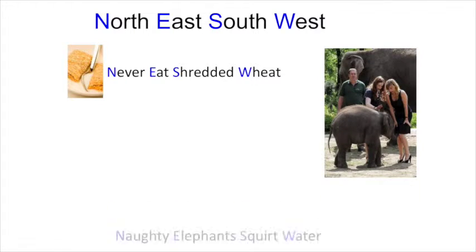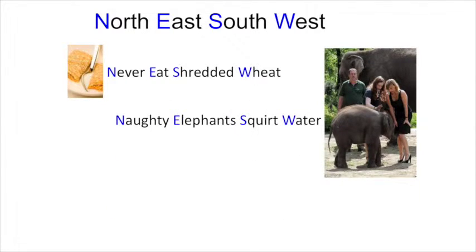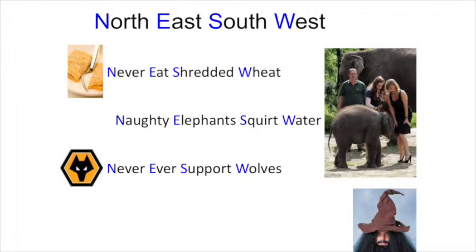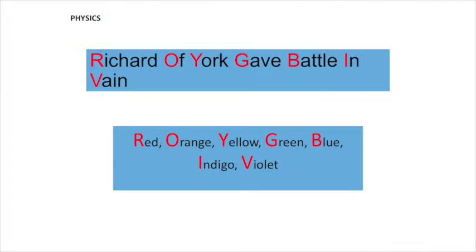Alternatively, naughty elephants squirt water. Or alternatively, never ever support wolves, or if you're going to be really controversial, never eagerly snog witches. Completely depends on what sort of a personality you've got here, but some are better than others.